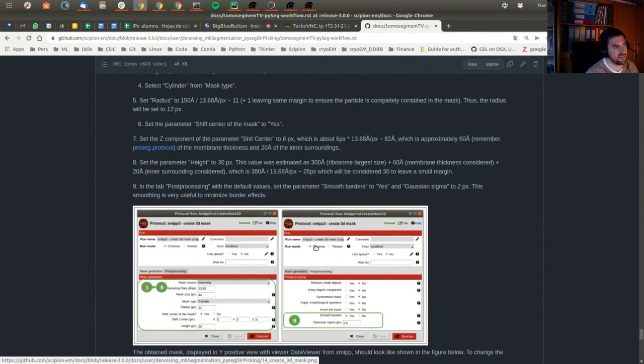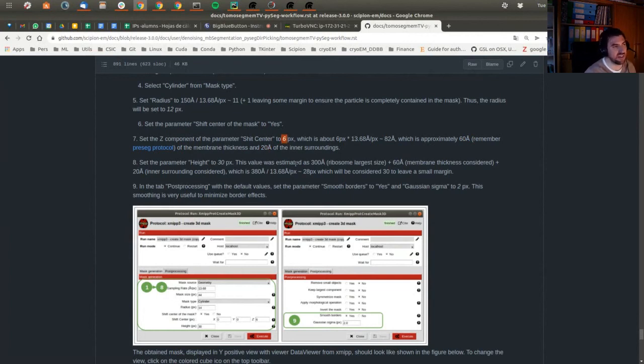To determine this shifting, all the reasoning is here. It is 6 pixels because 6 multiplied by the sampling rate is about 82 Angstrom, which is approximately the 60 Angstrom considered for the membrane thickness and 20 Angstrom considered for the inner surroundings. So at the beginning, with a shift of 6 to the bottom, we should be able to cover the region of interest.